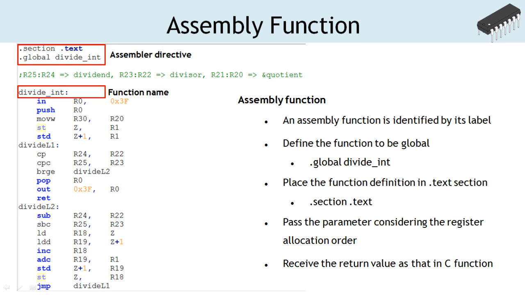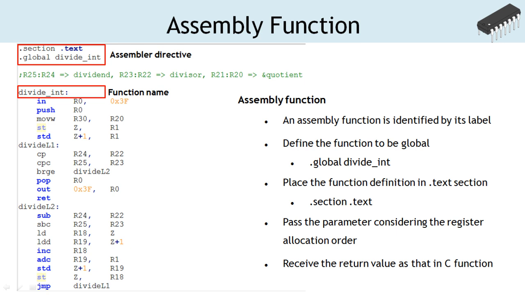The parameters are passed in the register pairs R25 and R24, R23 and R22, and R21 and R20. The function returns the remainder of the division operation to the calling function. It is placed in the register pair R25 and R24 before the instruction return is called.